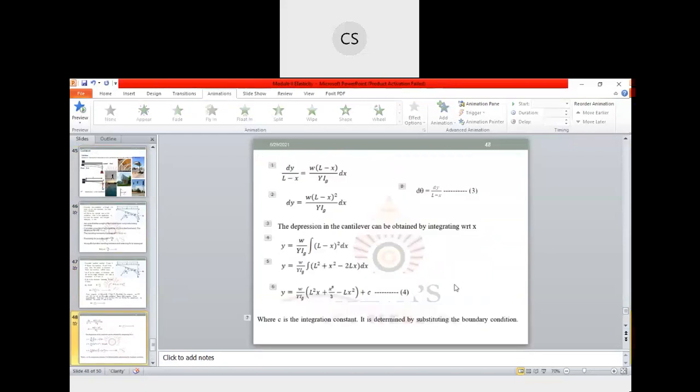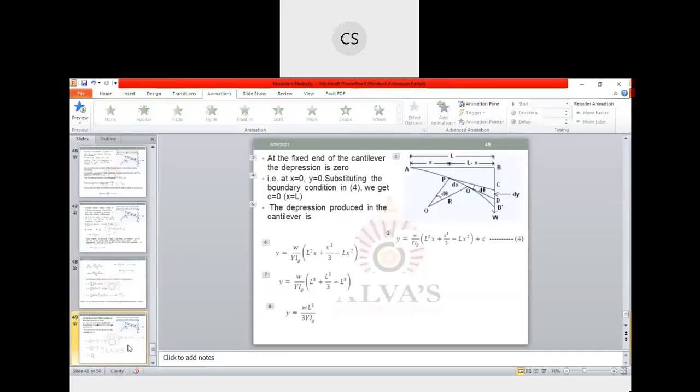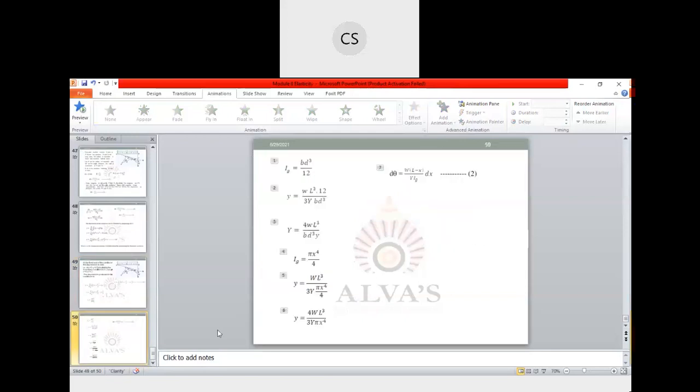Actually, where exactly did I paste? I missed somewhere. No problem. By mistake I pasted it in the slide.